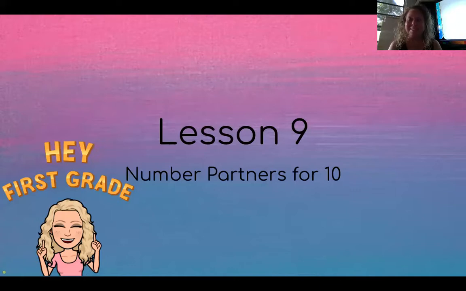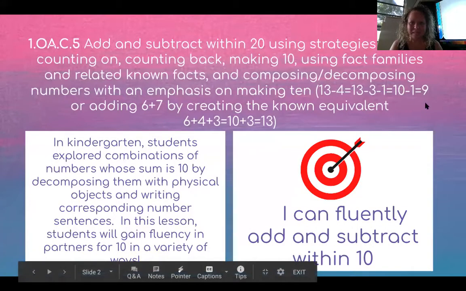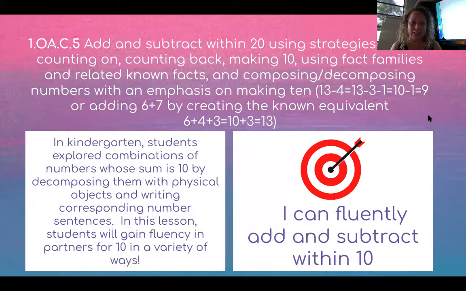So now it's time for us to work with number partners for 10. In kindergarten, students explored combinations of numbers whose sum is 10 by decomposing them with physical objects and writing corresponding number sentences. In this lesson, students will gain fluency in partners for 10 in a variety of ways.